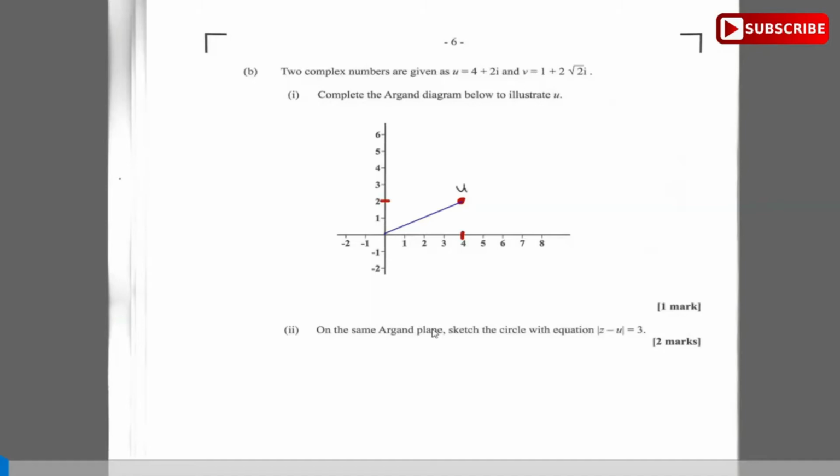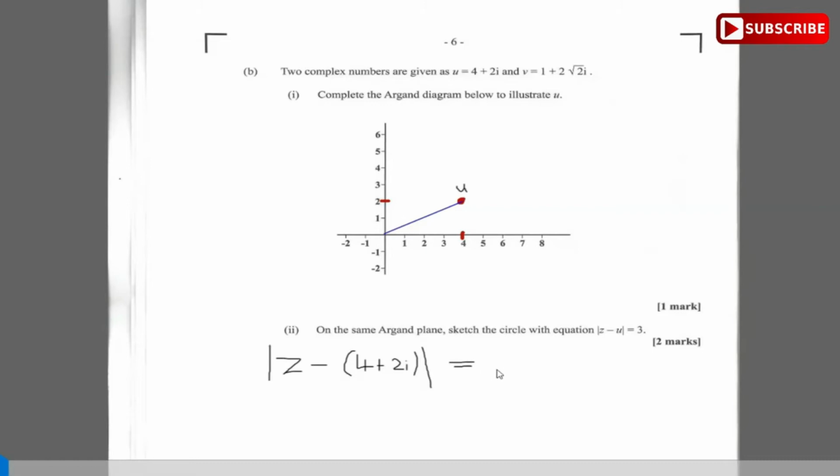Now it says on the same Argand diagram, sketch the circle with equation modulus of z minus u equals 3. If we're sketching this circle, the first thing I want to know is where is the circle? z minus u is z minus (4 plus 2i), and that is equal to 3.